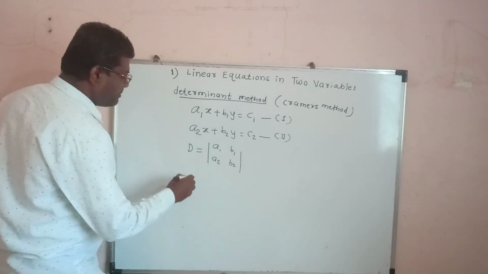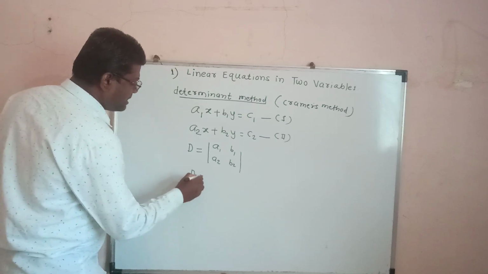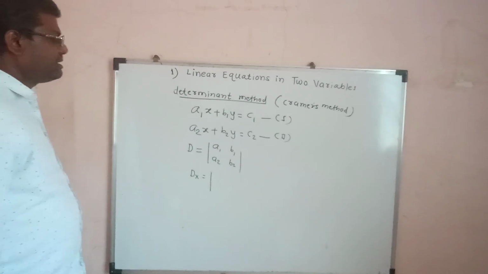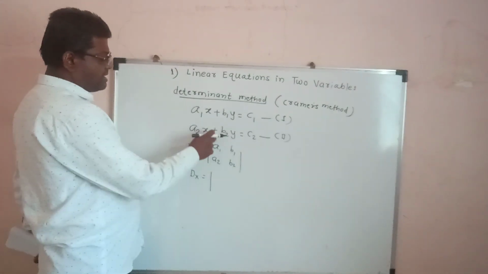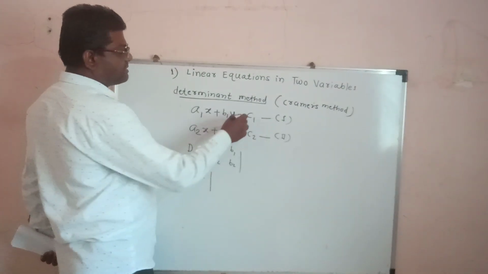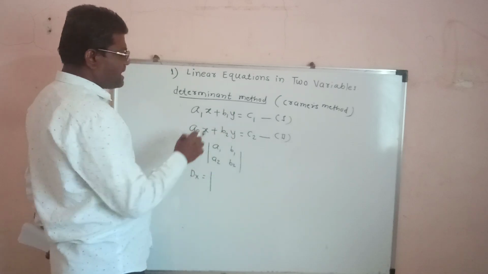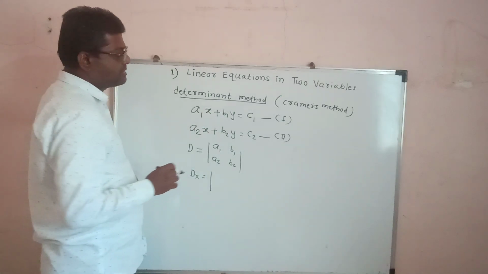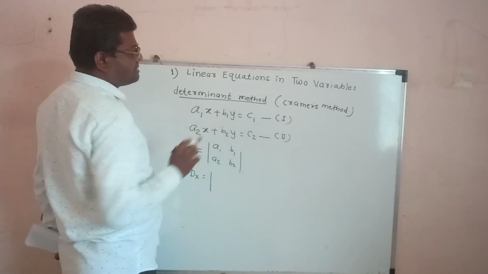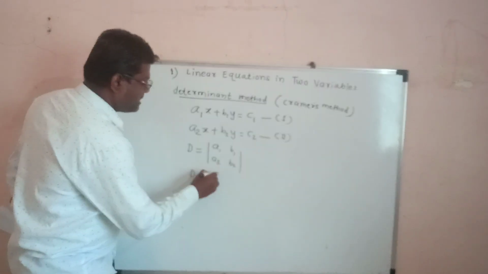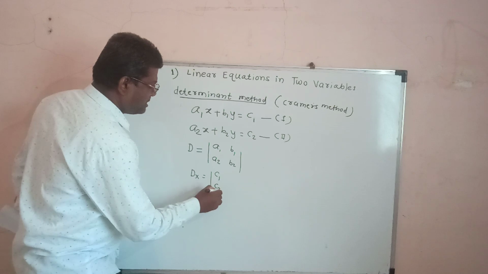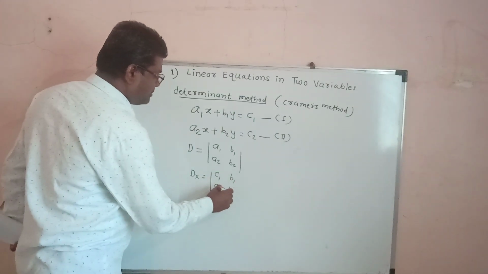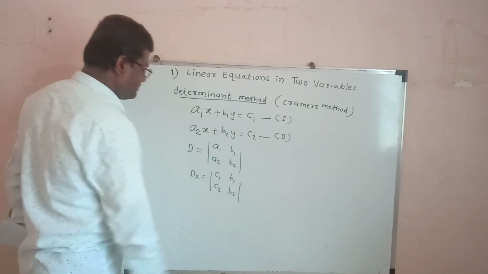Then we find the determinant Dx. While finding Dx, we replace a1, a2 with c1, c2. That is, the coefficients of x are replaced by the constant terms. We write c1, c2 in the first column and b1, b2 in the second column.